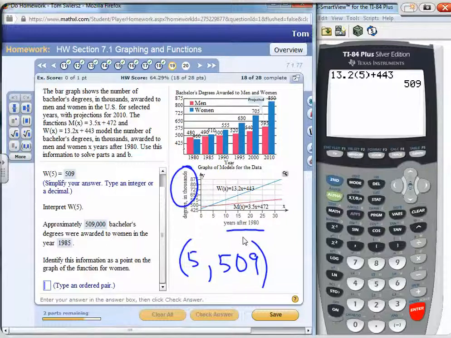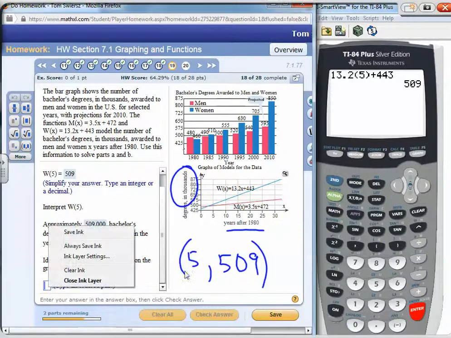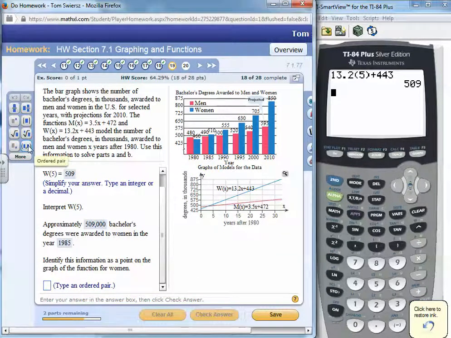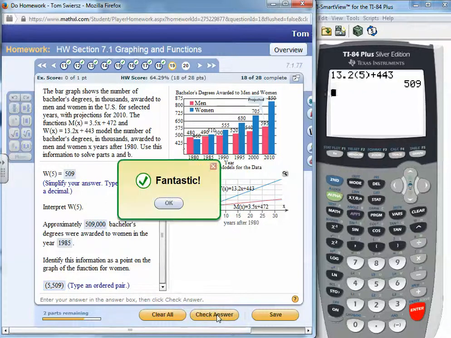They're just saying the x value is 5 and the y value is the number of bachelor's degrees, 509. Five being 5 years after 1980, or we evaluated the function at 5. So for an ordered pair, we need parentheses, or you can select the bottom right one, ordered pair. The x value is 5, and the y value, in thousands, the number of degrees, is 509. All right, very good.